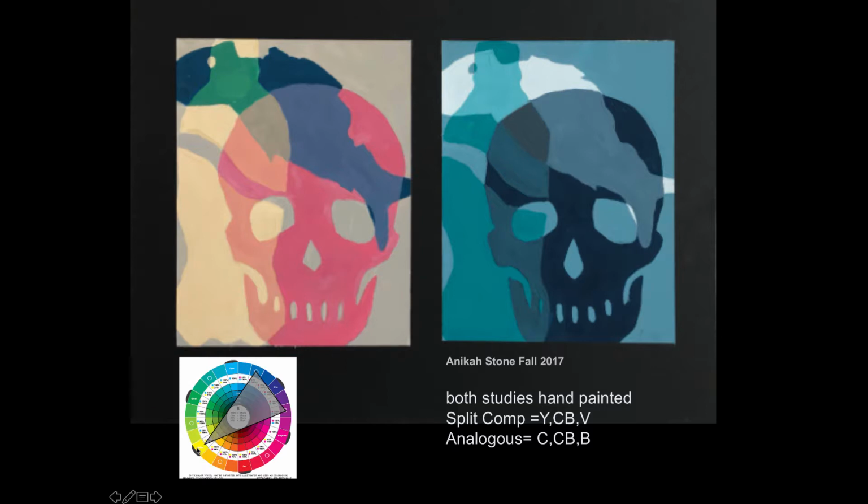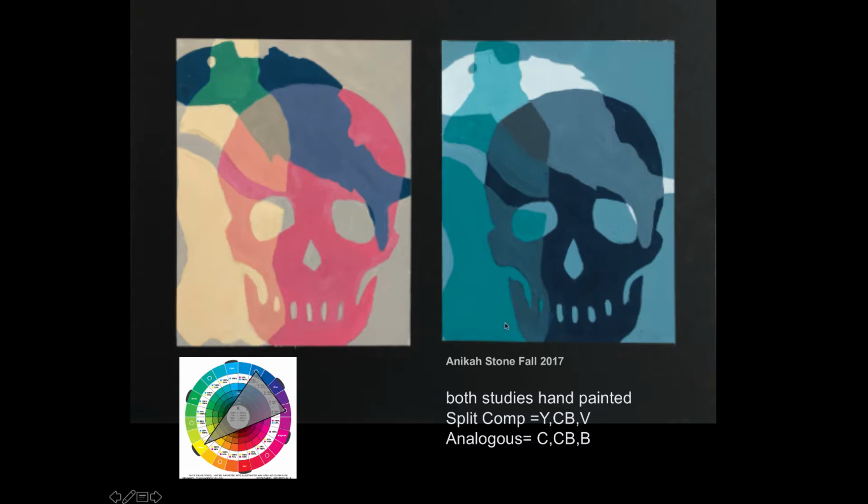So she used yellow, which is this. She's got a slightly desaturated tone of yellow, which is okay. And then she used the cyan blue, which is up here. It's a shade of cyan blue. And then she used a tint of violet. I think she's got a little bit too much magenta in it, but that's her split complement.